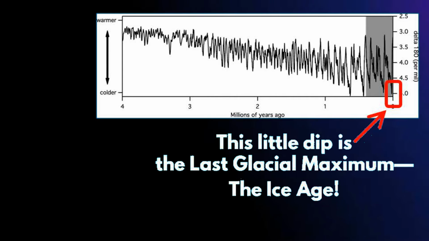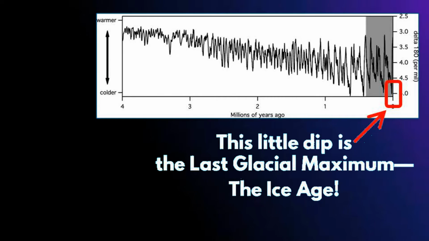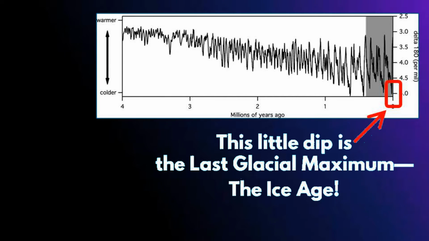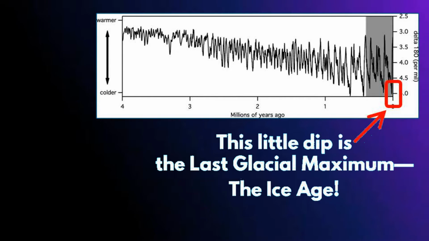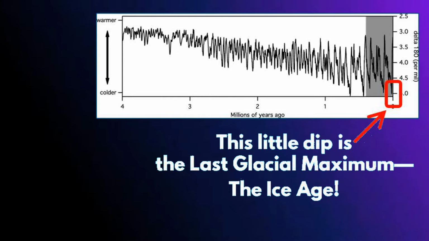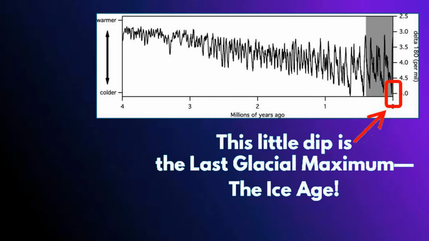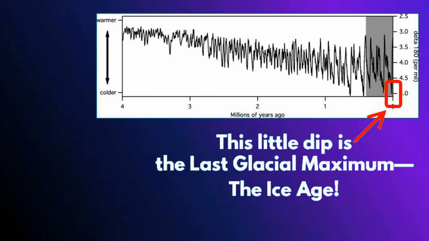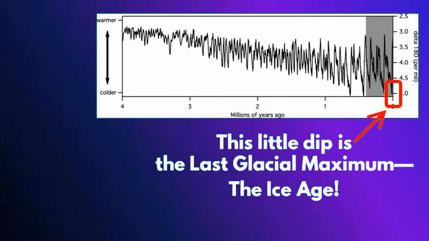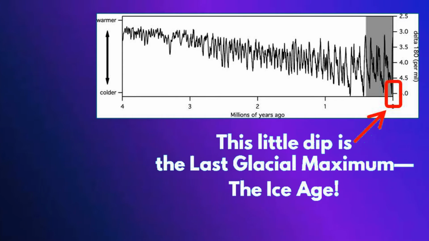By some definitions, by the way, we actually are in an ice age, because we are currently in a period where there is permanent ice on Greenland and Antarctica and so on. There certainly have been many periods in Earth's history where there's been no ice at all. I'm not trying to say we're in an ice age. I'm just saying by some definitions we would actually be in an ice age right now. But you can see we've had plenty of periods of time where it was cold. Don't get me wrong, the most recent ice age was actually a bit of a doozy as ice ages go.